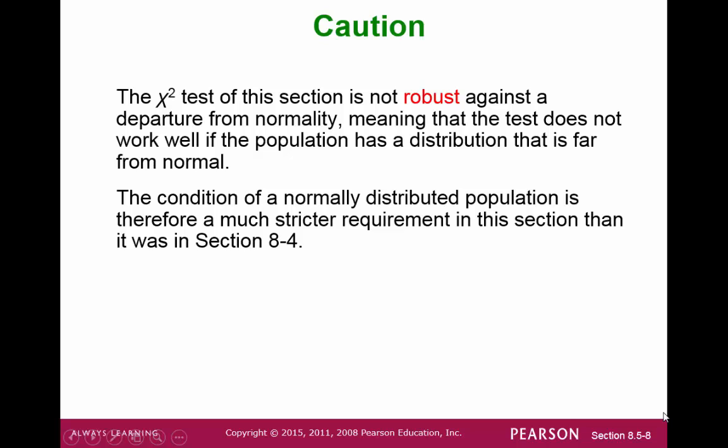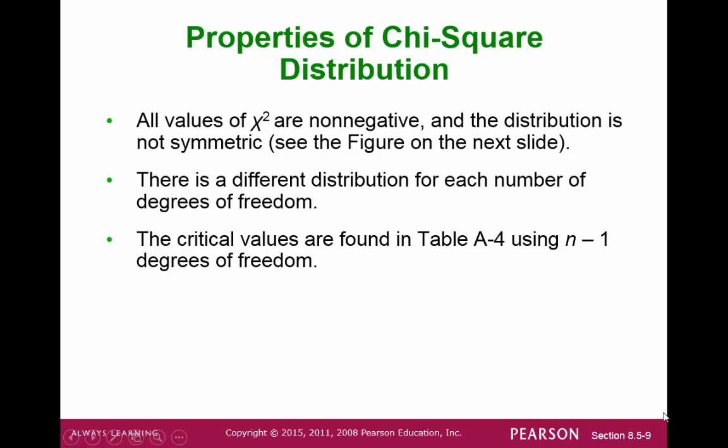Here's one more page on the requirement that it has to be coming from a normal distribution. A reminder of some properties for the chi-square distribution.